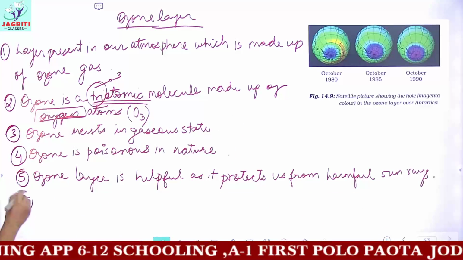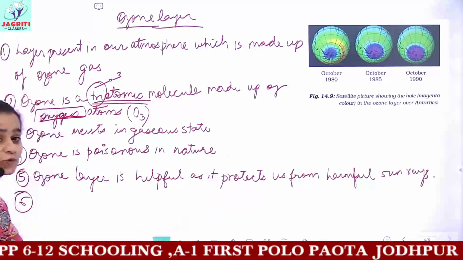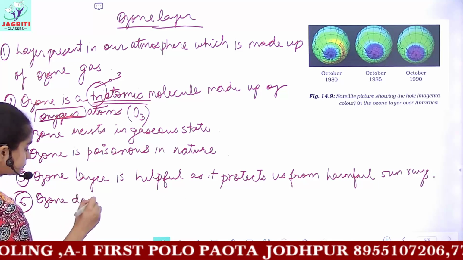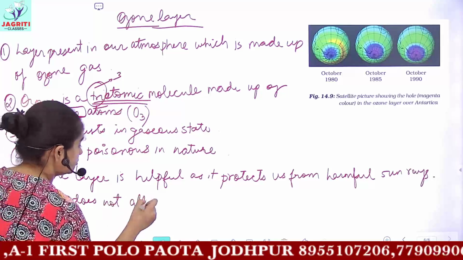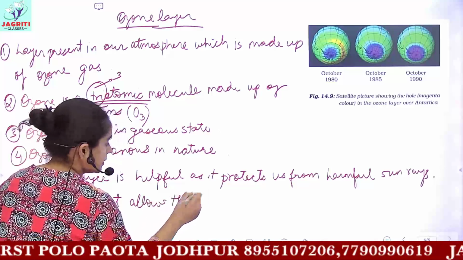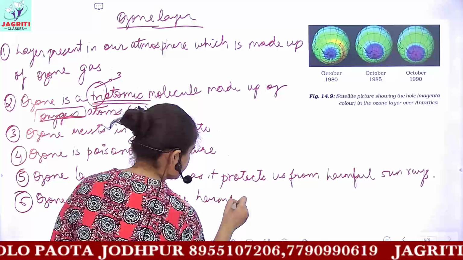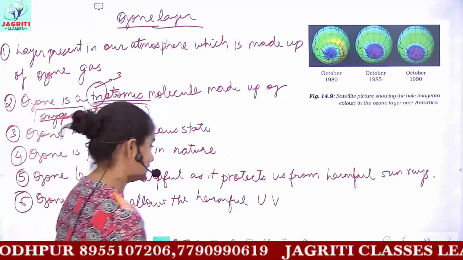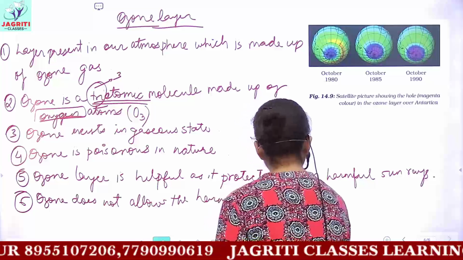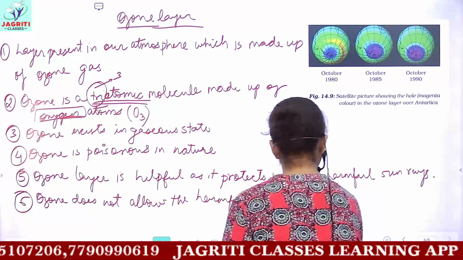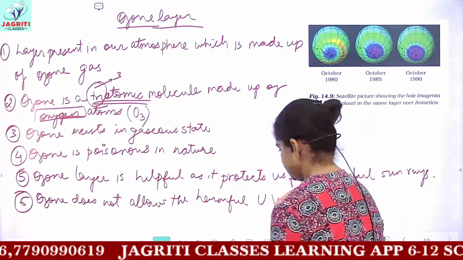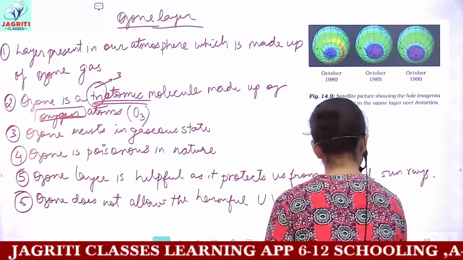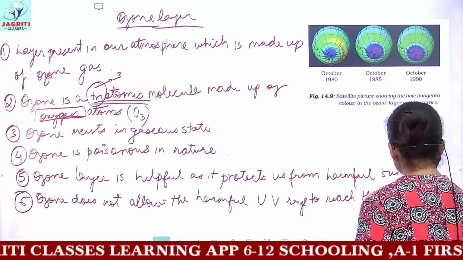So the sixth point would be how it is protecting us from the harmful rays of the sun. Ozone does not allow the harmful UV rays to reach the Earth's surface.